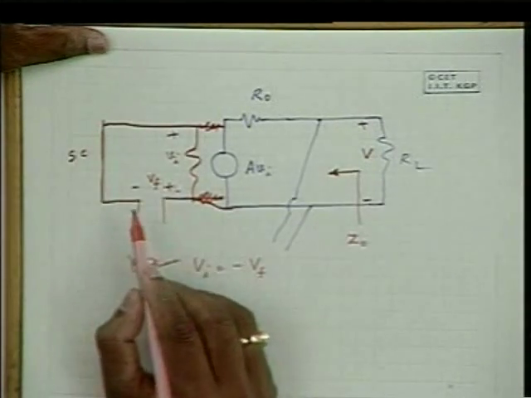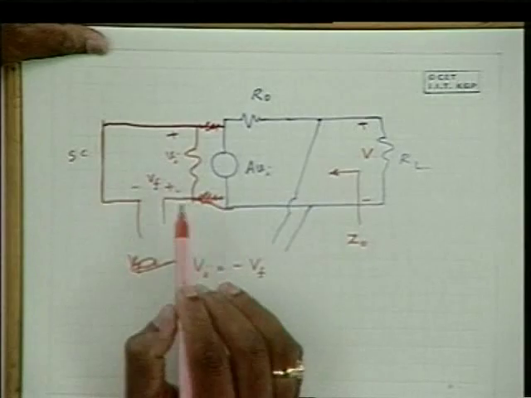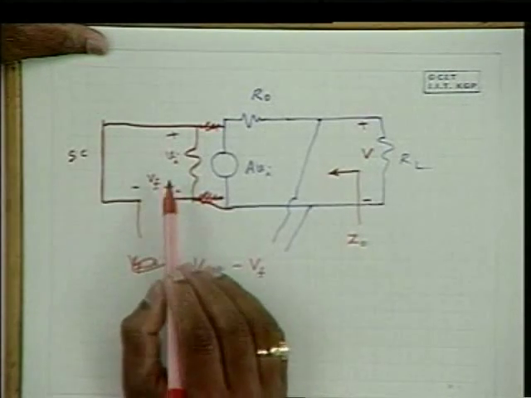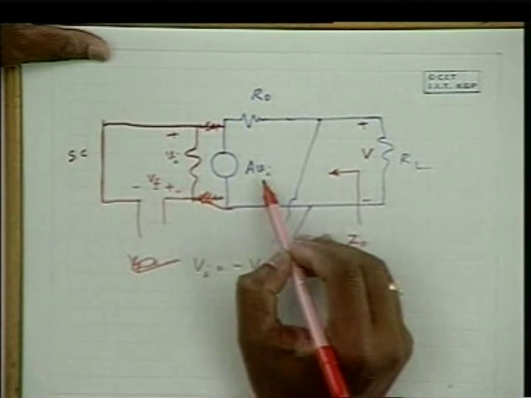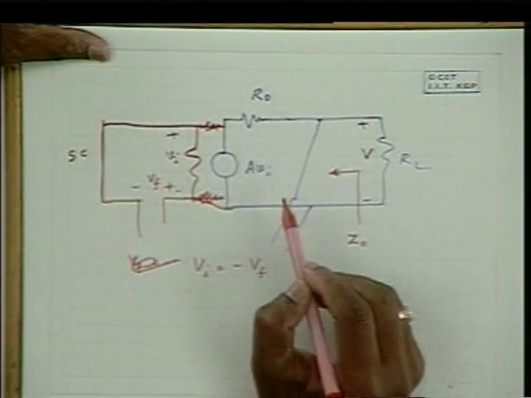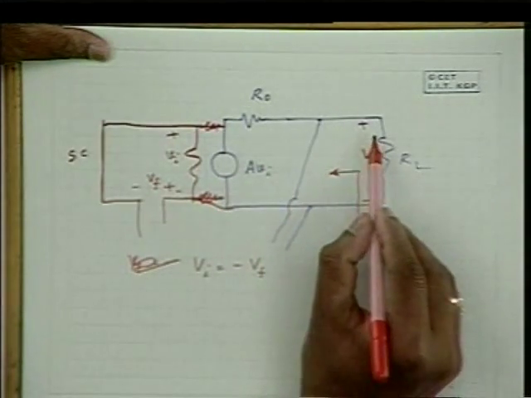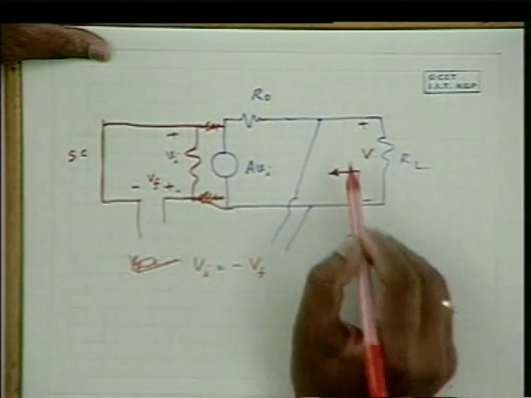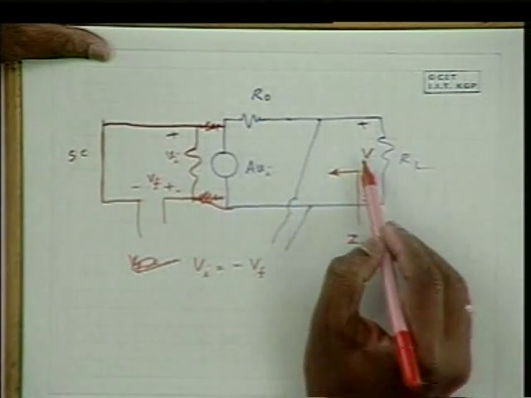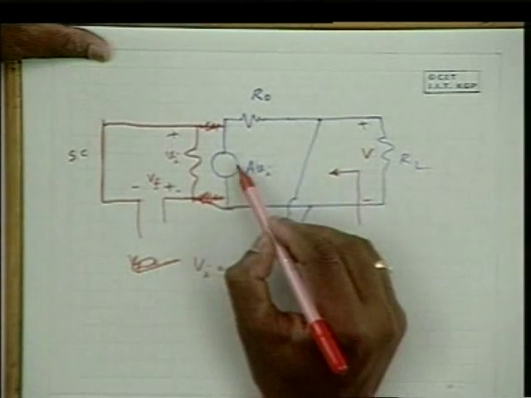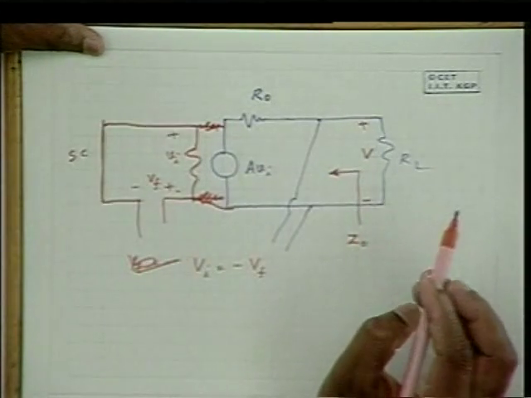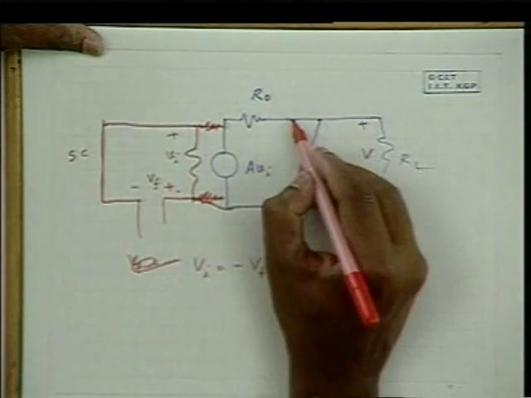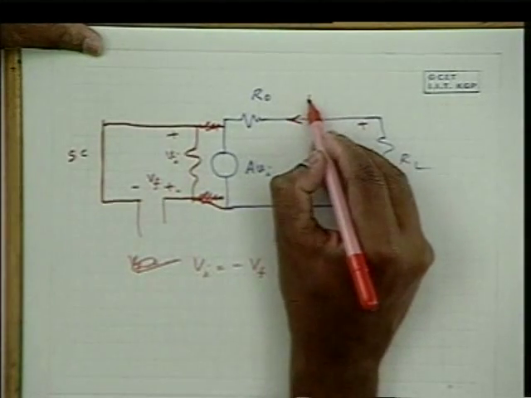Although the input is replaced by a short circuit, because of the feedback voltage, some voltage appears across this, and A times this Vi is the output voltage. And when you drive the output by a voltage V, because of the influence of this, the current gets manipulated. So what is the current now that flows into I naught?